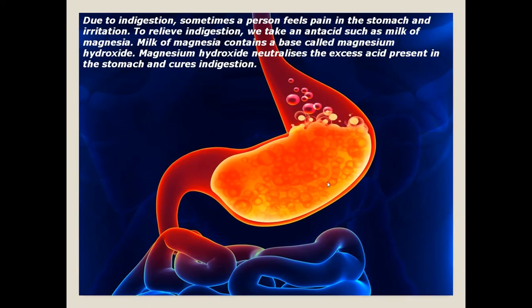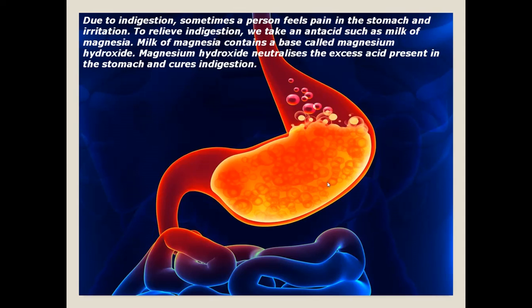Due to indigestion, sometimes a person feels pain in the stomach and also irritation. So to relieve this indigestion or gastric problem, we take an antacid tablet, or we can take a syrup. This antacid or syrup contains milk of magnesia.